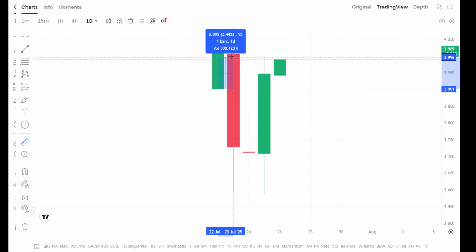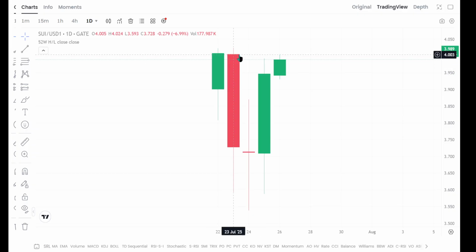Market price went up, and it was closed at 4.008 USD1. And market price had increased by 0.106 USD1. It is 2.73%. And 107 USD1 was the profit. In this one day, 300.123 thousand SUI has been traded.